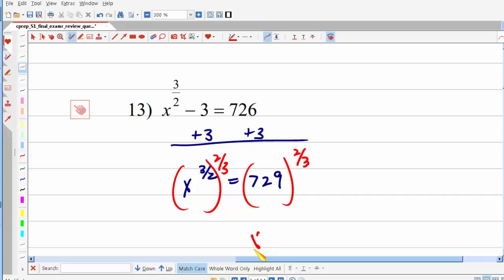And that's going to give me x equals 729 to the 2/3 power. And if you do that on your calculator, you're going to end up with 81.